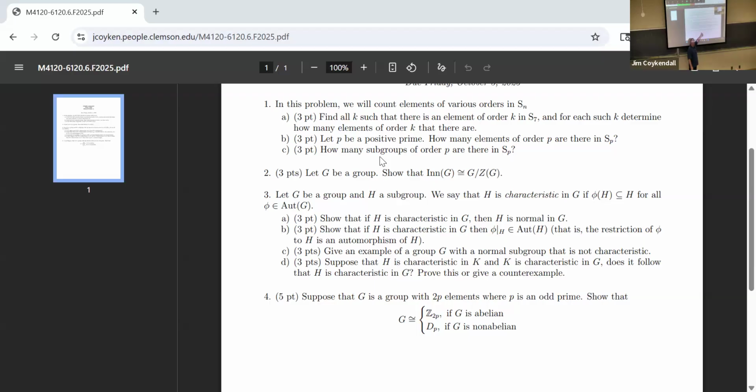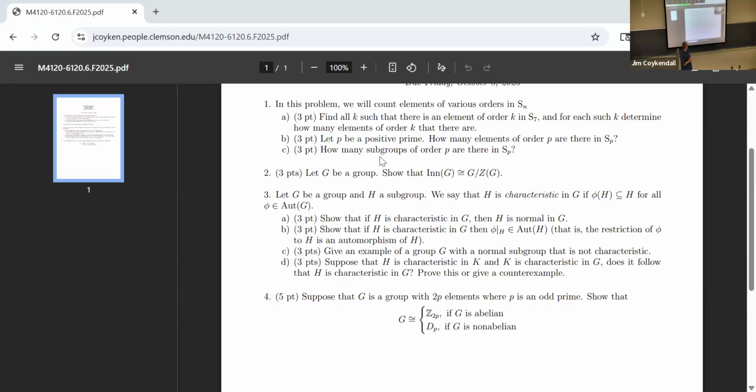This is either isomorphic to Z mod 2Z, or I'm sorry, Z mod 2P if G is abelian. And in fact, if it's abelian, it's cyclic. And if it's not, then it has to be dihedral on P. So if you have 2 times an odd prime, there are only 2 groups. One of them is cyclic abelian, the other one is the dihedral group.